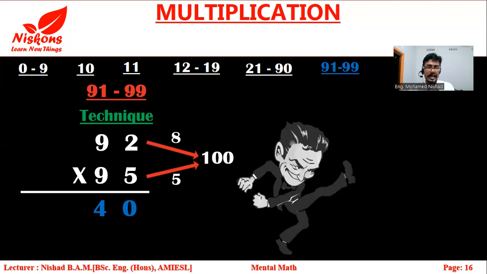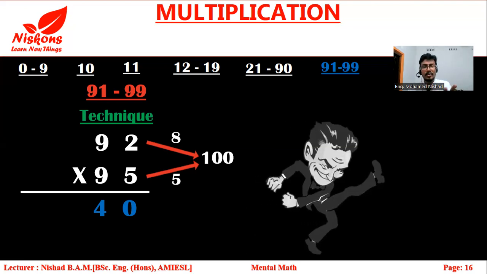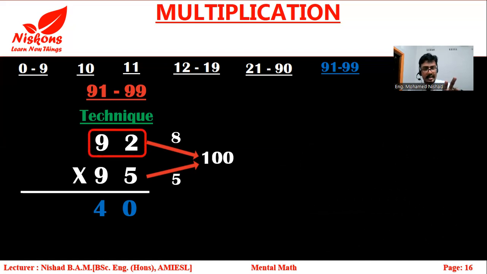After that, we have to subtract that 5 from 92, or subtract that 8 from 95, the other number. We have to subtract that difference from the other number, right? That's the way.